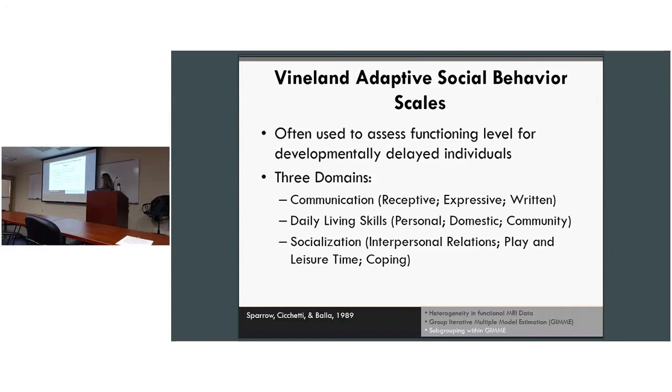It's often used, and it has 3 domains, and within each domain we used 3 subscales. Receptive, expressive, and written communication; personal, domestic, and community daily living skills; and for socialization, interpersonal relations, play and leisure, and coping.